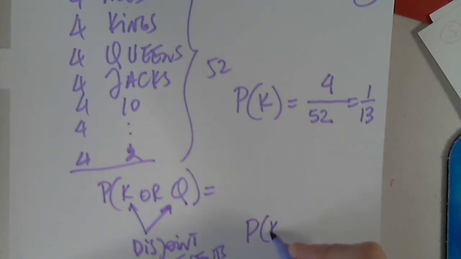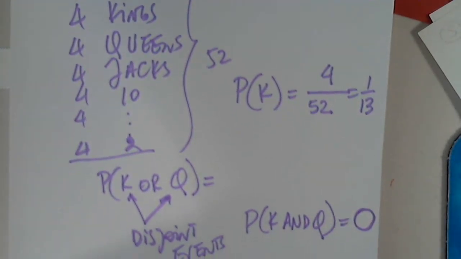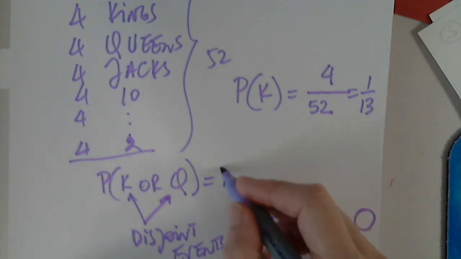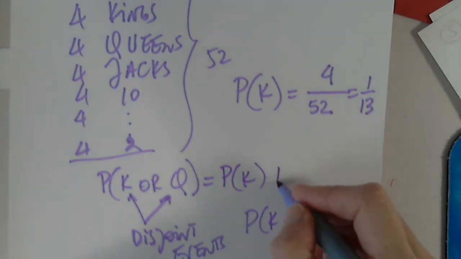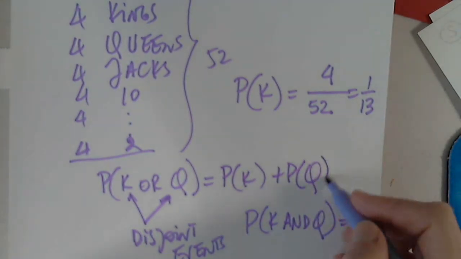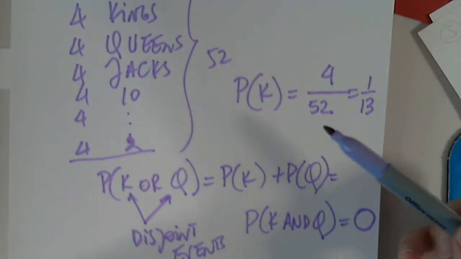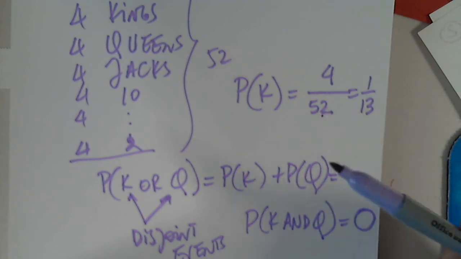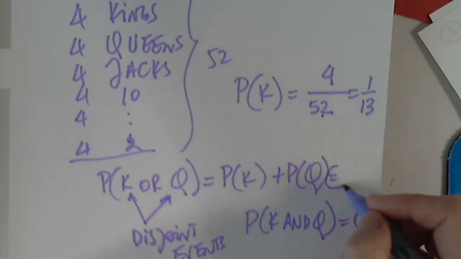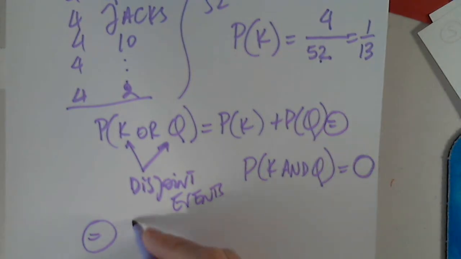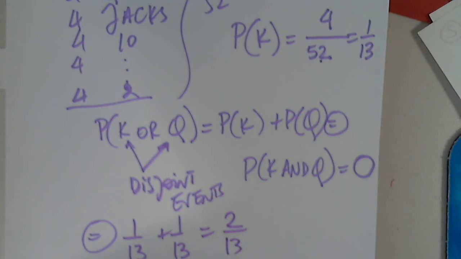Because the intersection of K and Q is 0, the answer will be the probability of selecting a king plus the probability of selecting a queen. There is no difference because they are both 4 out of 52. So for these disjoint events, I will have 1 over 13 plus 1 over 13, which ends up being 2 over 13. Any questions?